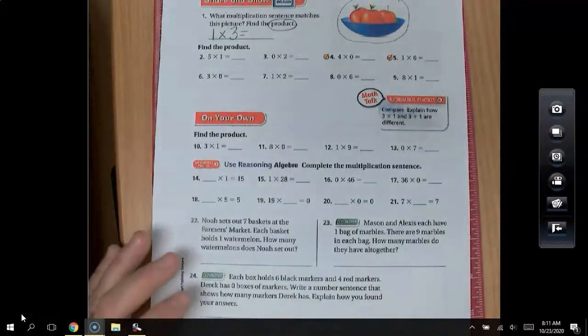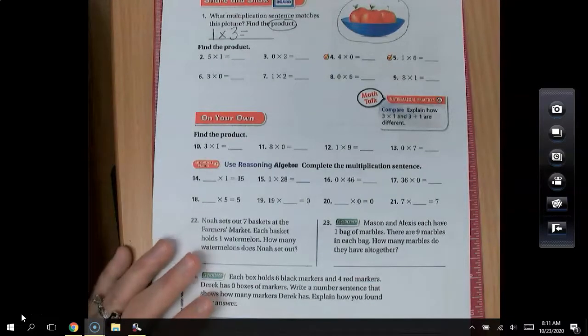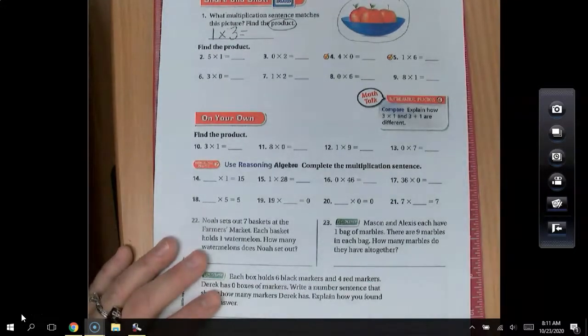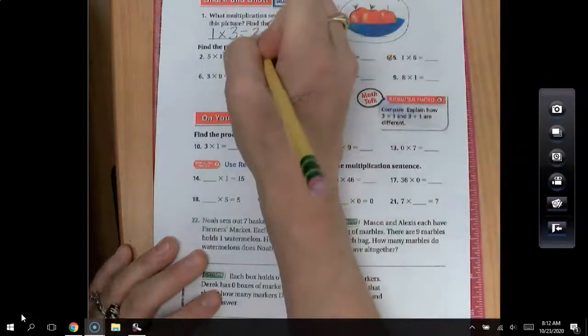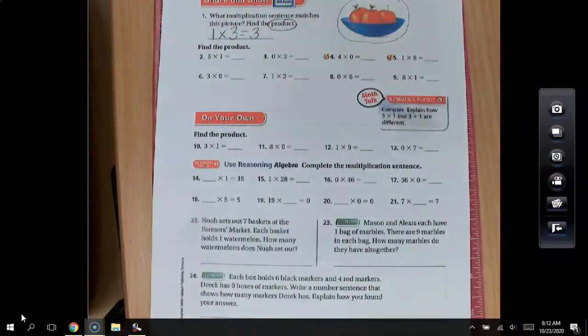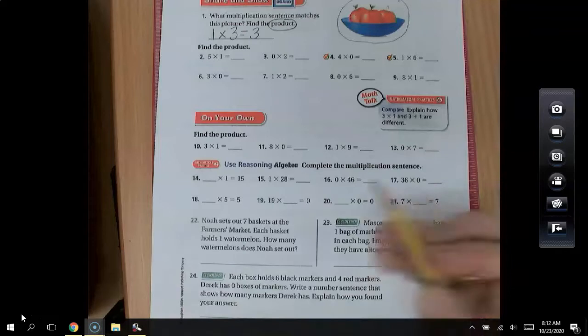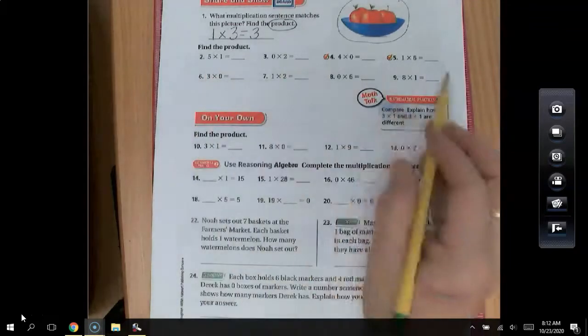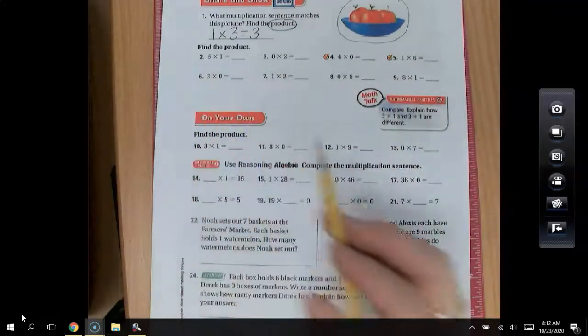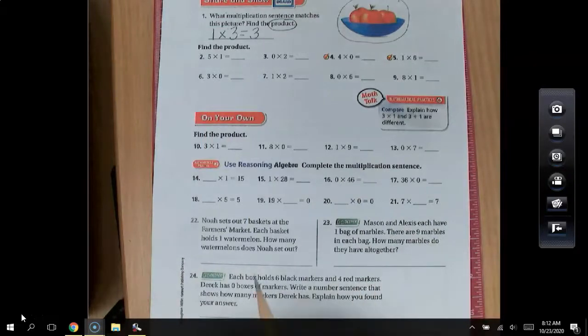Remember, important word, product is the answer to multiplication. Well, what is 1 times 3? Remember from the identity property of multiplication that 1 always loses. So what's 1 times 3, boys and girls? 3. Yes, 3. Good job. So they want us to find the product in all of these problems, okay? I'm telling you, you're going to be a whiz at this, okay?